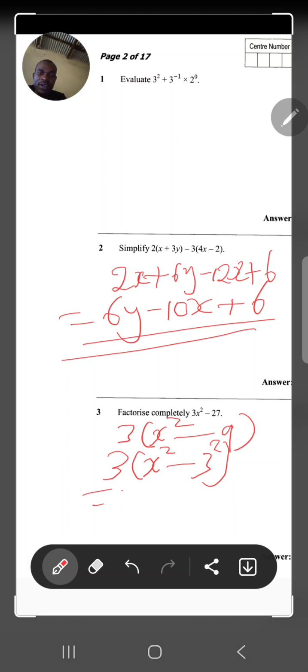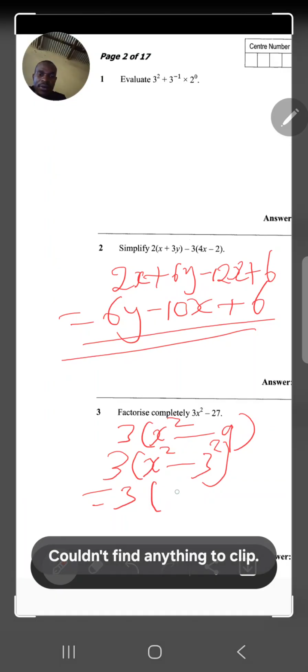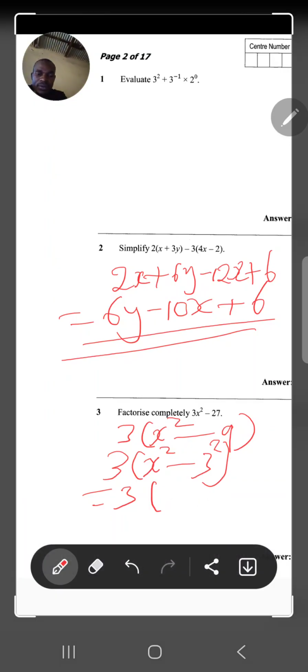So our final answer will be 3, open brackets, x minus 3, x plus 3.